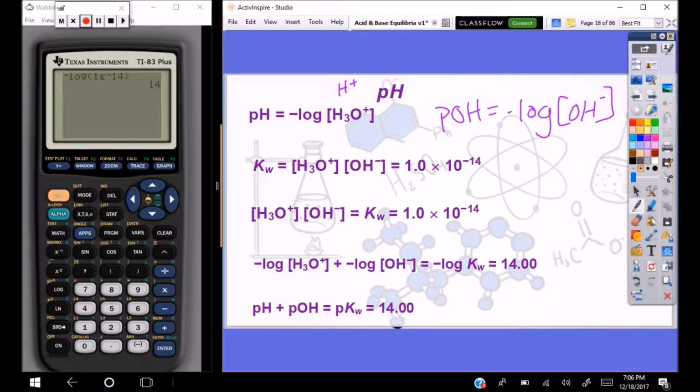Remember last time we had that example where if we were at 1e to the negative 7th, we were neutral. Well, if we take negative log of 1e to the negative 7th, you get 7. So it makes sense that when we're neutral, they balance each other out. So it also makes sense that if we were to add up those values, they would always add up to 14. Okay.